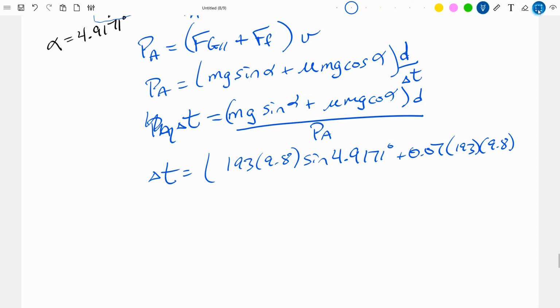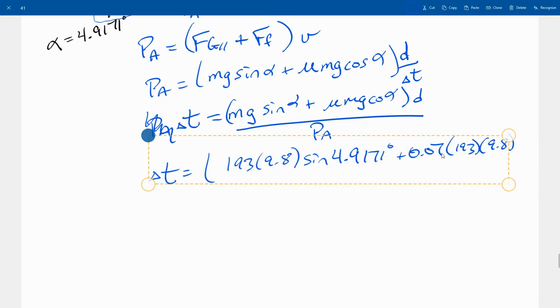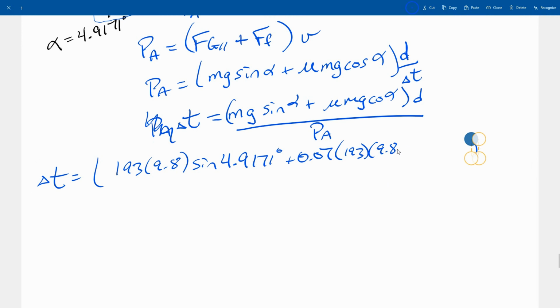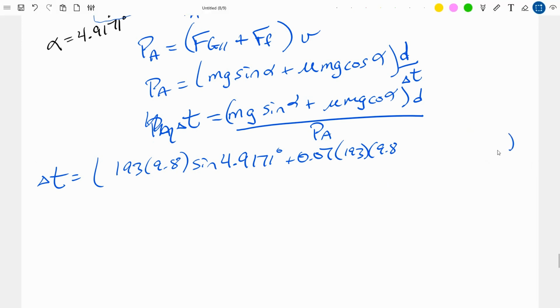Times the cosine of, I'll give myself a bit more space. This is a definite advantage of not working on actual paper. Oh, missed the bracket, but that's okay. Bracket. There you go. Oh, back to pen. So I didn't finish that off yet.